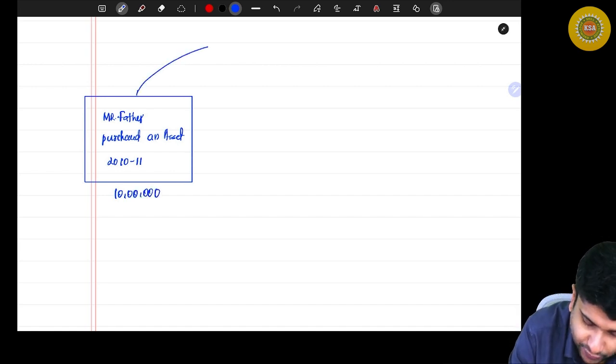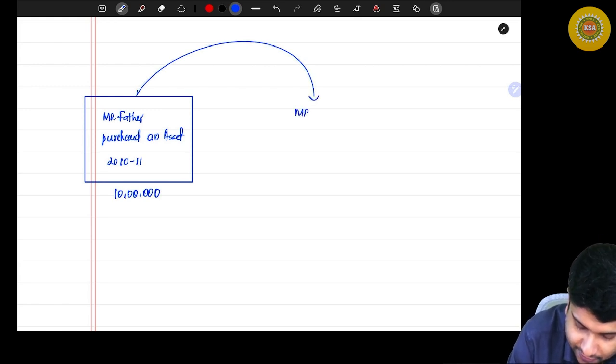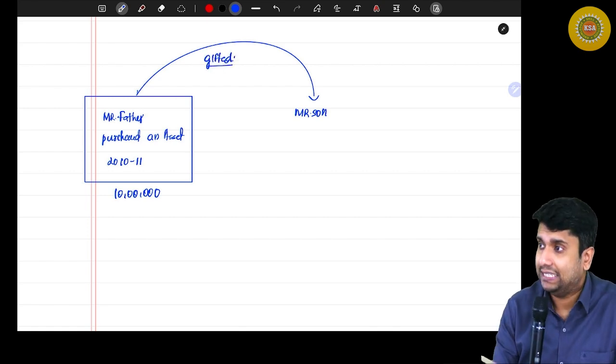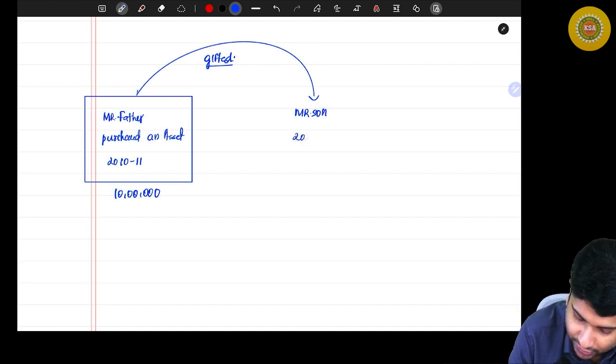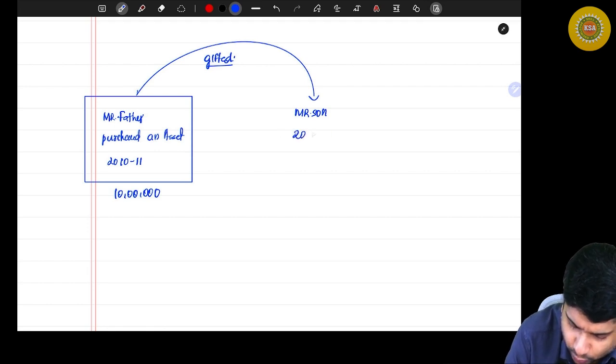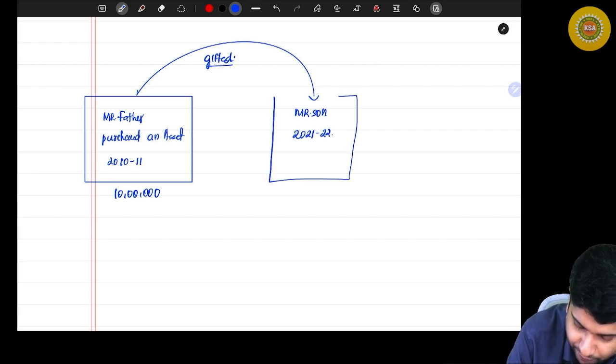He transferred this property in the name of his son, Mr. Son. He gifted this particular property to Mr. Son, and this gift happened in, say, 2021-22. Mr. Son got that particular asset as a gift from his father.